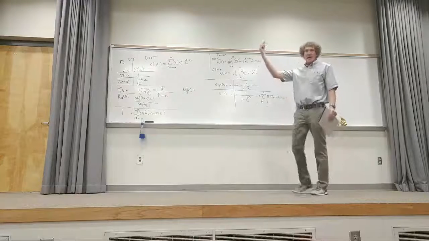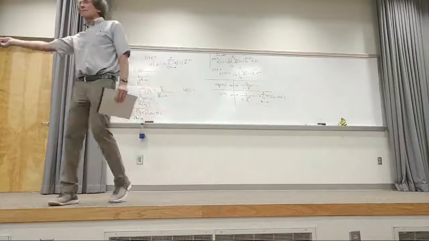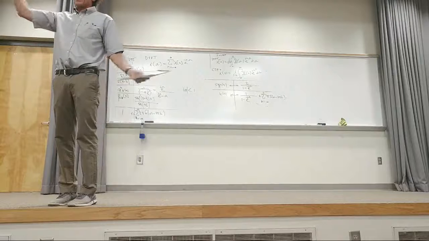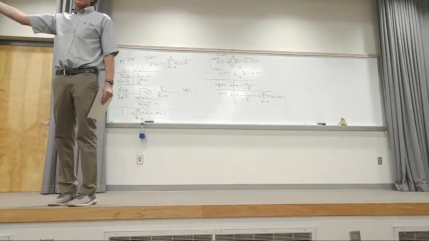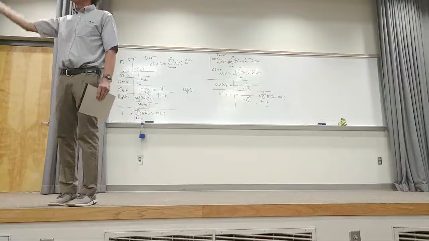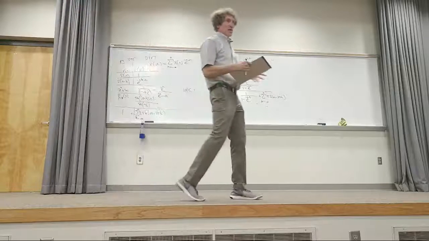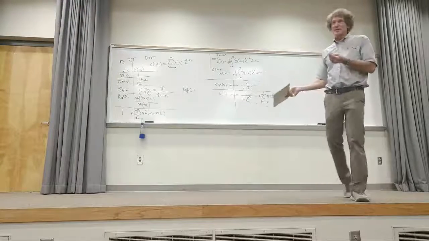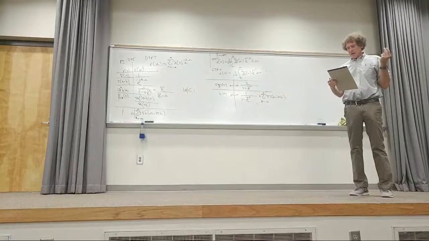If I have x of n goes to x of omega, then I know 5x of n goes to 5x of omega. And if you have x of n plus y of n, where x of n goes to x of omega and y of n goes to y of omega, and you add them up, then you get x of omega plus y of omega, the transform of x of n plus y of n. I'm not even going to bother with linearity, it's obvious.